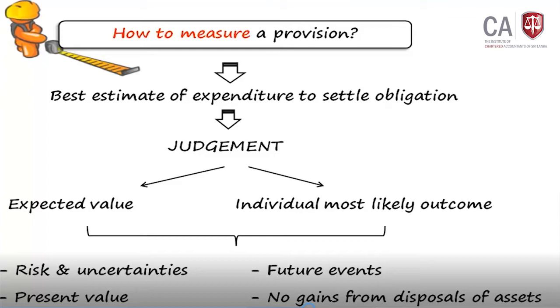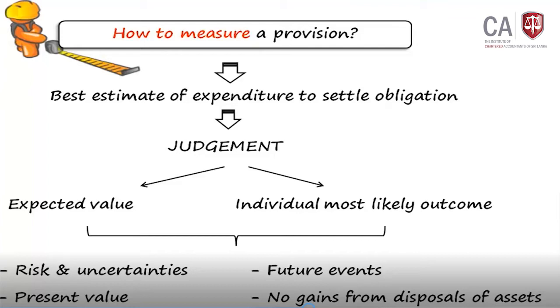What is the difference between these two? Expected value means, let us say, we will discuss one simple question. If you are giving warranty on the sales you made, sometimes you will expect minor repairs. Sometimes you will expect major repairs, which may require some replacement.